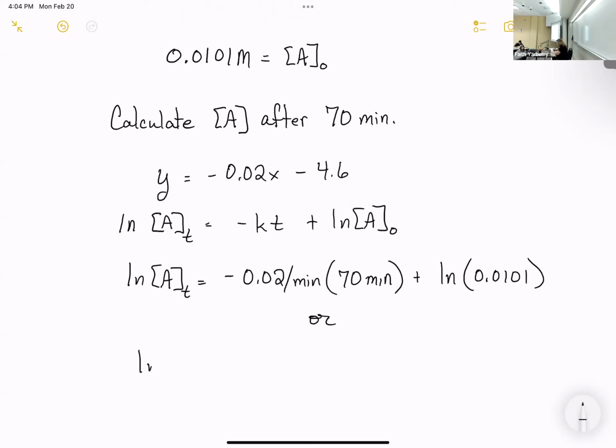Or you can do it as natural log of AT is equal to a negative 0.02 per minute times 70 minutes minus 4.6, because we already know that that's the original concentration with the log.